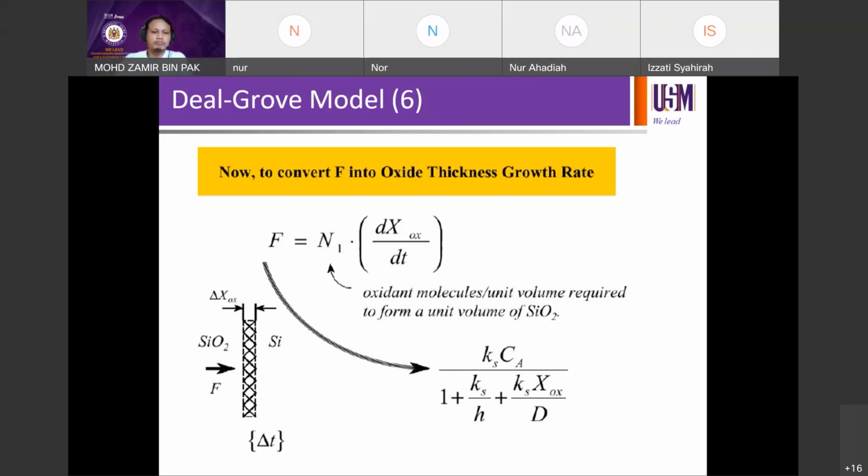So you can also see this as this. Silicon dioxide is what you want to grow. So the thickness of the oxide, your flux coming from the top or from the front, if you like. This is your silicon wafer, and you want to grow your oxide on top. So flux is equal to N1 times d/dt of X ox, your thickness of the oxide.